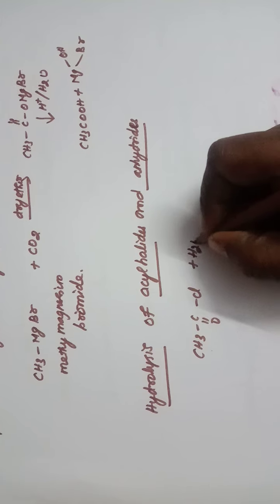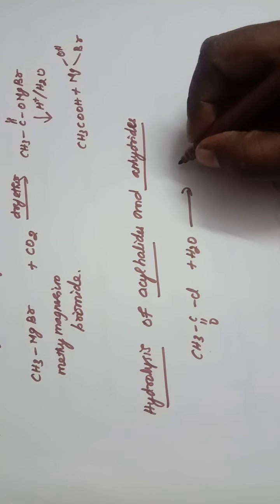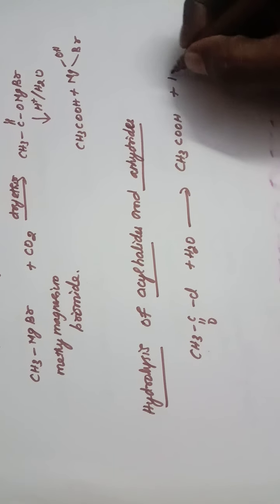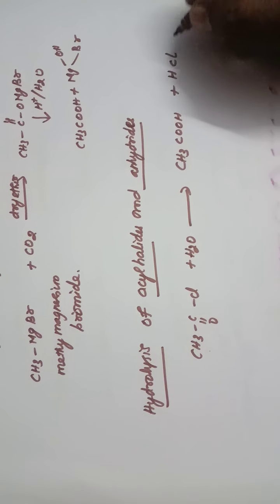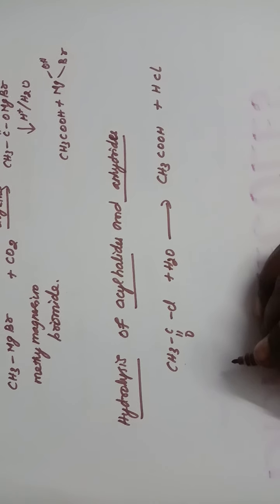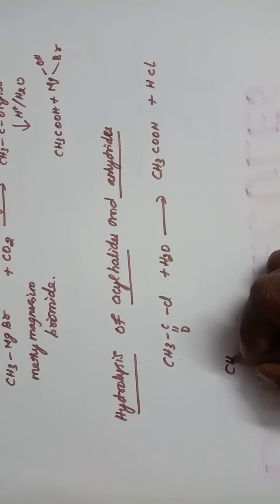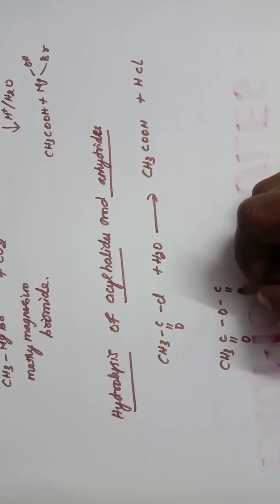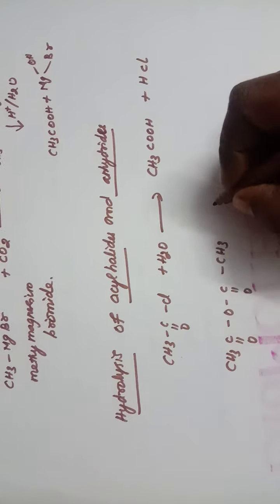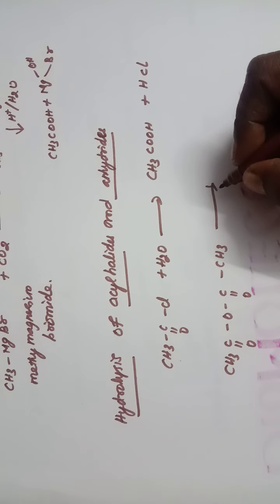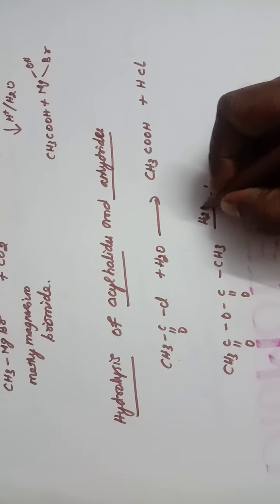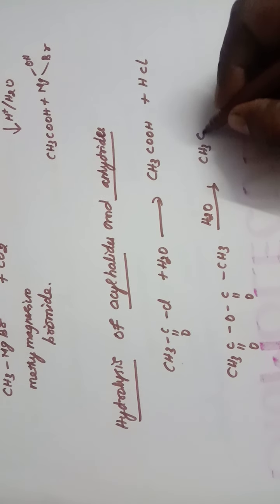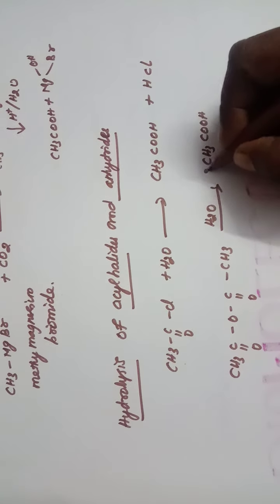When it undergoes hydrolysis, it gives acetic acid, CH3COOH plus HCl. The same way, acetic anhydride, CH3 C double bond O O C double bond O CH3. When this acetic anhydride undergoes hydrolysis, it gives acetic acid, CH3COOH, 2 molecules of acetic acid.